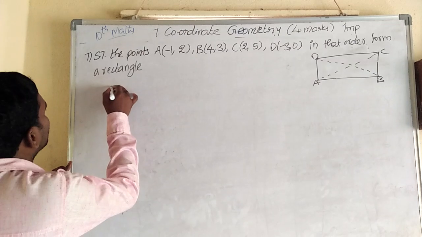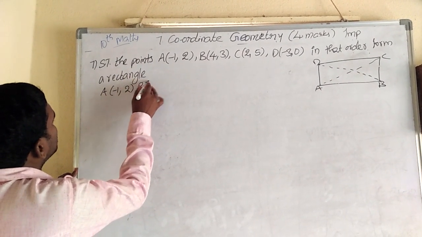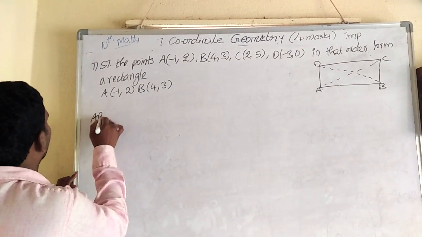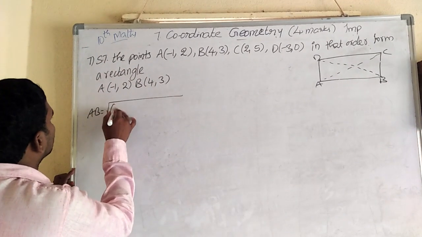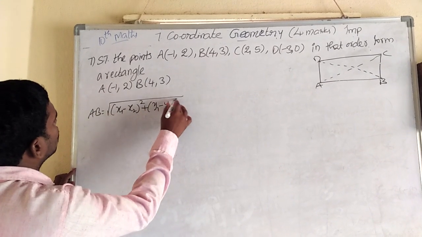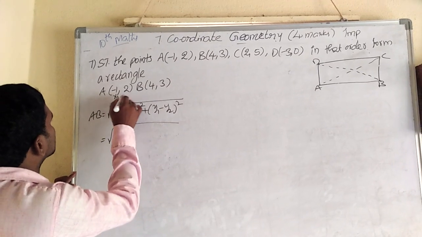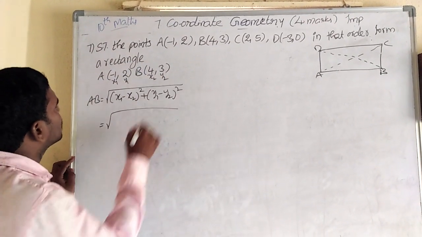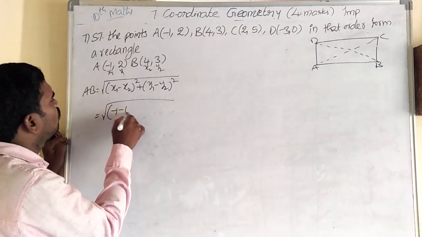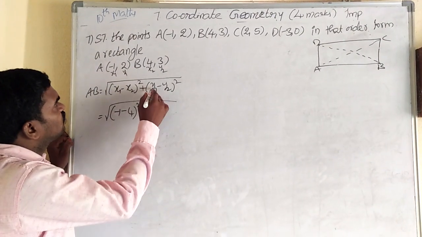Okay? So first of all A (-1, 2), B (4, 3). So AB distance equal to, what is the distance formula? Root of x1 minus x2 whole square plus y1 minus y2 whole square. This is x1, y1, this is x2, y2. What is x1? Minus 1 minus x2. What is x2? 4 whole square. Next plus, next bracket, y1.